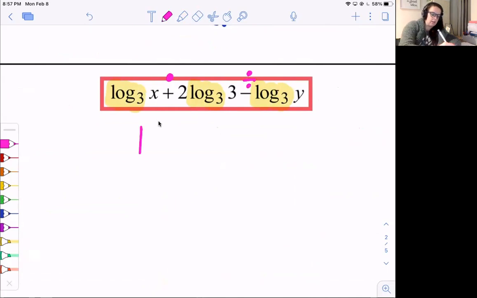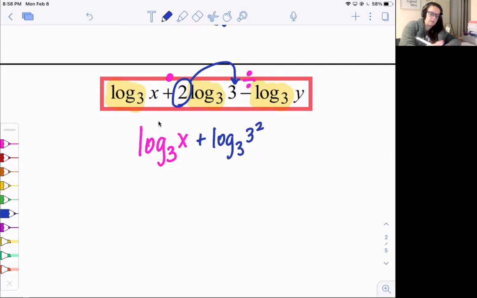So I'd have the log base 3 of x. I know that this 2 is going up here, so I'd have plus log base 3 of 3 squared. I know 3 squared is just 9, minus log base 3 of y.